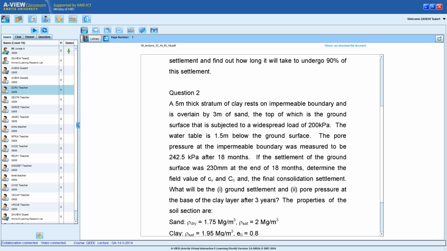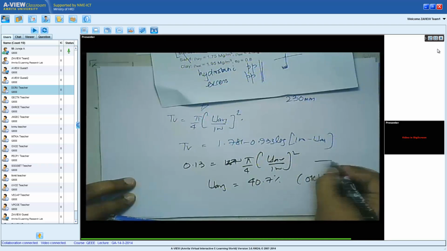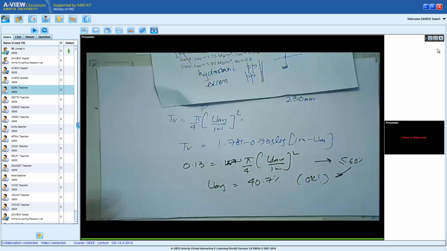This gives me a U average value of 40.7%, which is okay because the first equation is valid when U average is less than or equal to 60%.